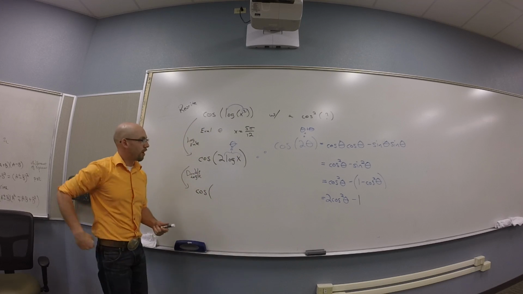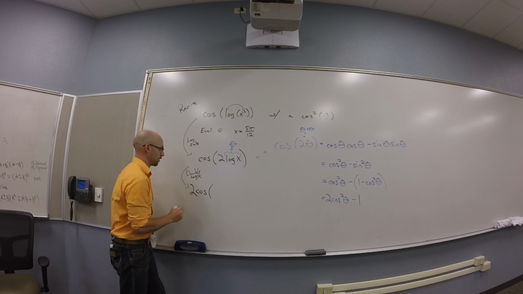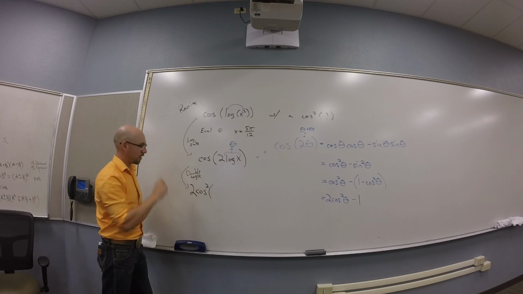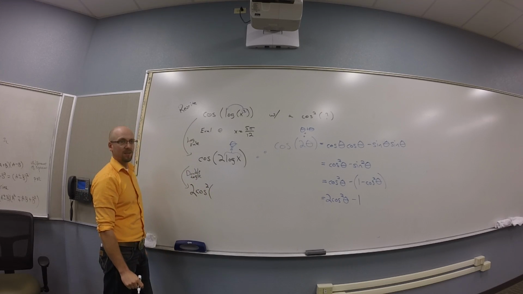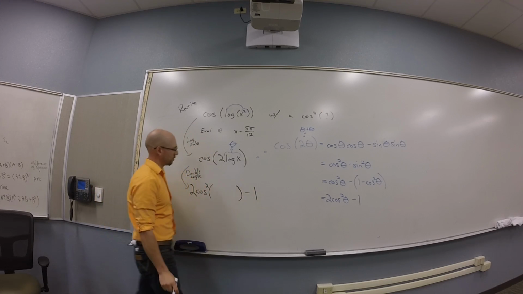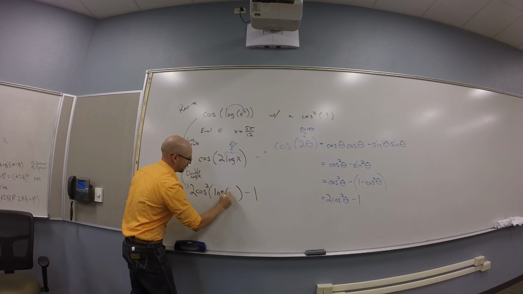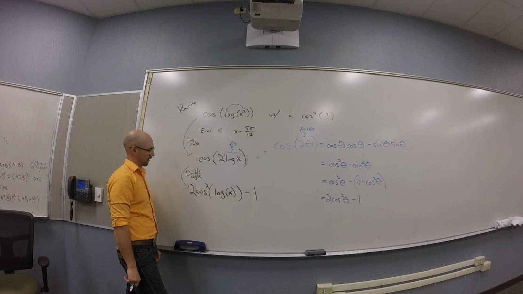Cool. So now I need to put that over here. So I got a 2, right? Cosine squared of what? Yeah, of theta, minus 1. But what the hell was theta? Theta was log of x. Cool.